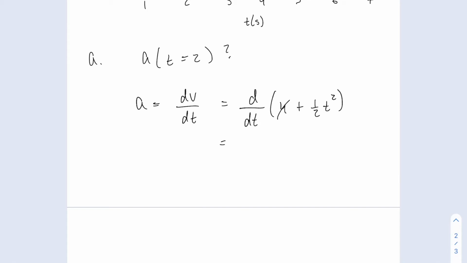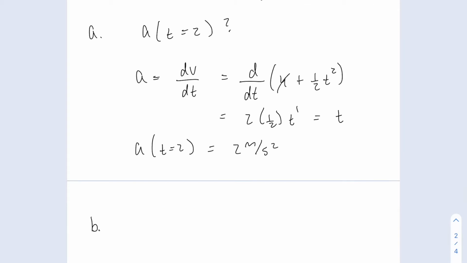And then we have 1/2 t squared. Remember, you bring the 2 down, times 1/2 times t to the 1. You subtract 1 from the exponent, and that leaves us with just t. And then we can plug in t equals 2 to that, and we just get 2 meters per second squared.